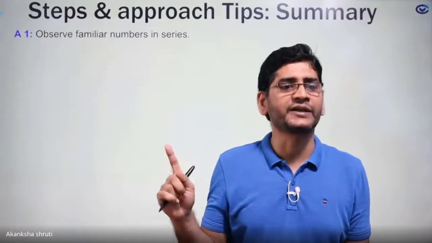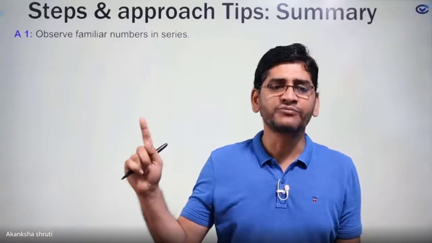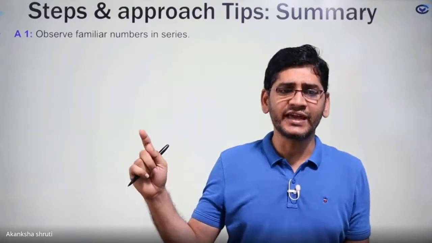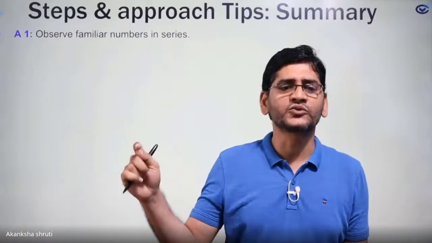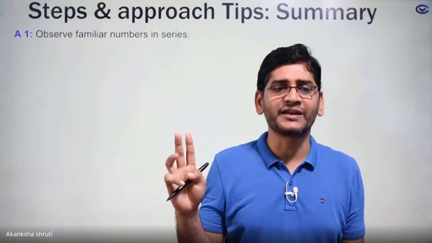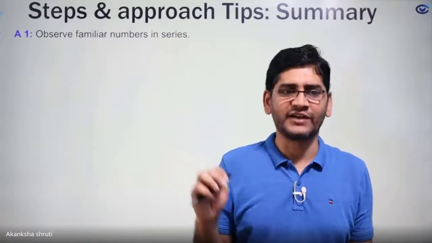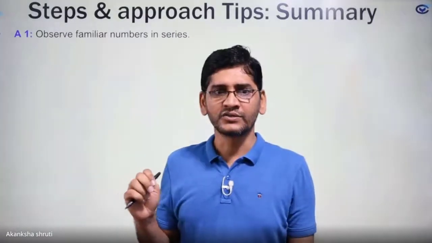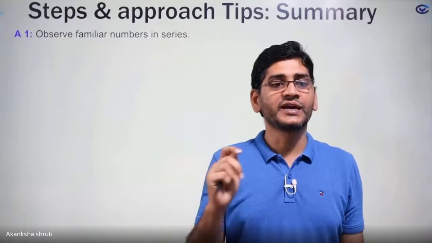Familiar numbers means the numbers of a table, squares series, cube series with or without adjustment, or powers of 2 or 3 or 4 with or without adjustment. These are the familiar things. Or for alphabets, we have to deal with their position values. Students, so very first thing, observe the series carefully.